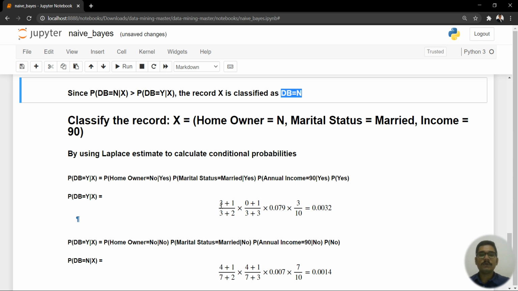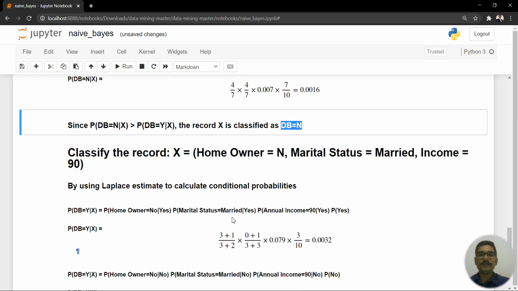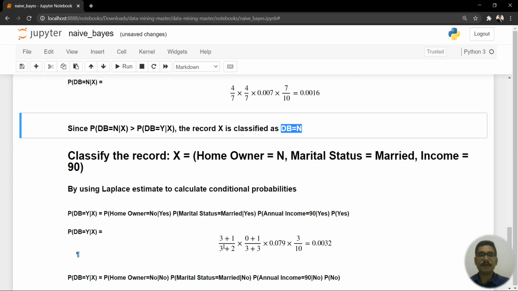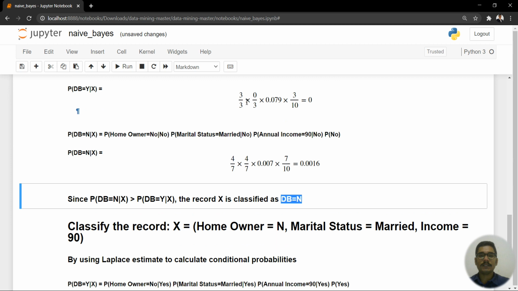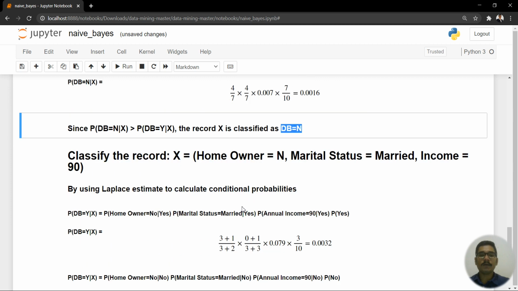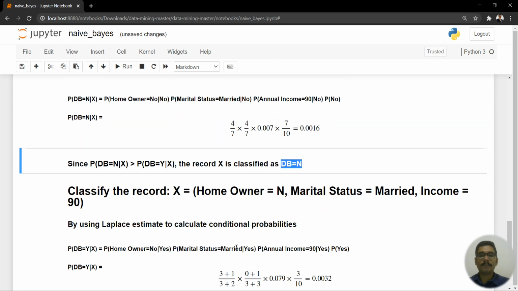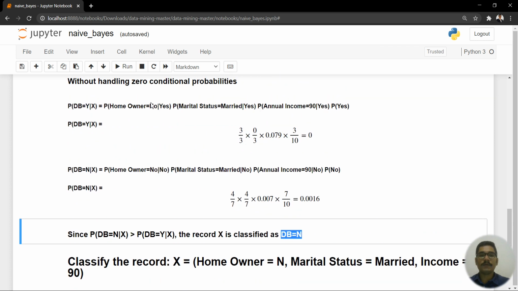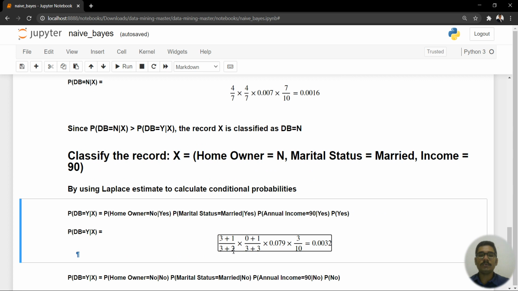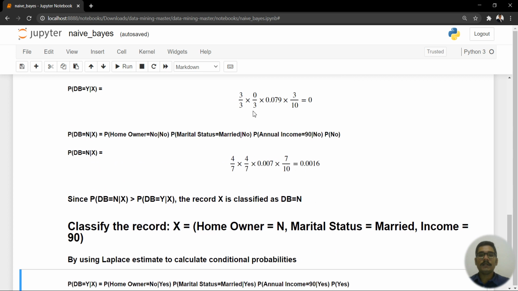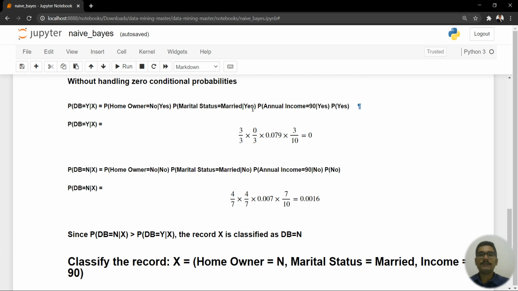This is the previous probability. If you compare this with this, the numerator and denominator first terms remain the same. To the numerator we add a 1, and to the denominator we add 2. Why? Because the first one, homeowner, takes two values, yes and no, so the number of unique values is 2. It is multiplied by the next one, marital status married, divided by 3.